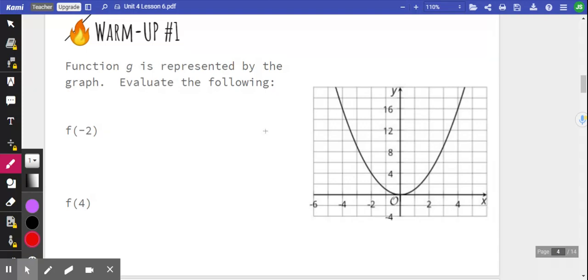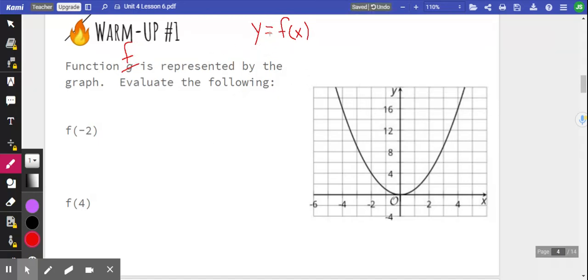Evaluate the following. Okay, so the first thing that they're asking us to find here is f of -2. I just realized that these are two different names. We're going to call this function f, since apparently I changed the name here.